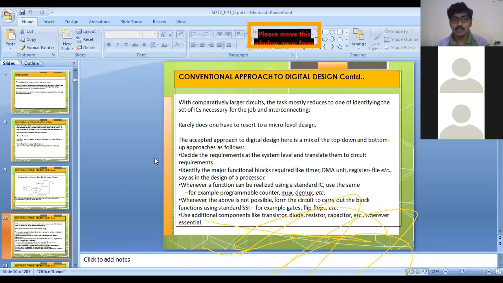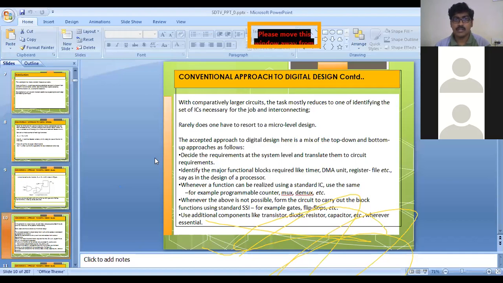After that, to get those outputs, we have to see whether we have these components in our library or not. If we don't have them in our library, we have to design them on our own.